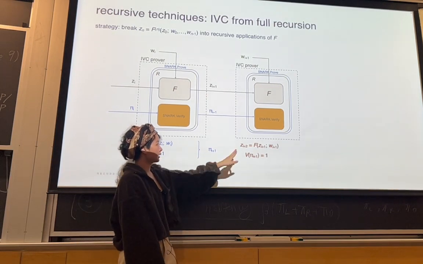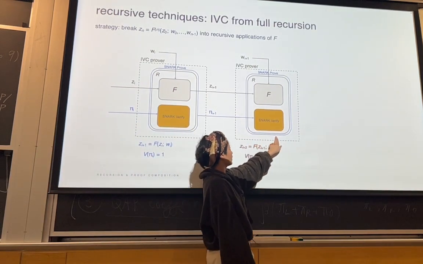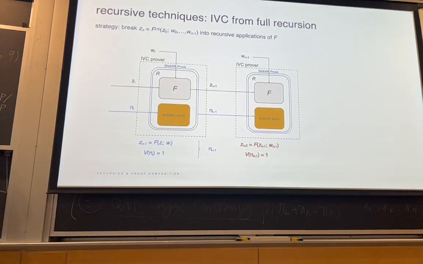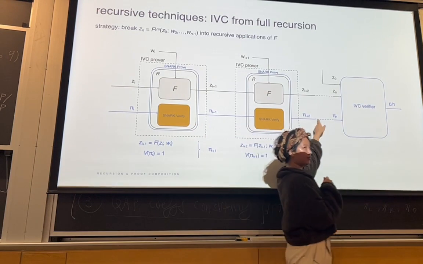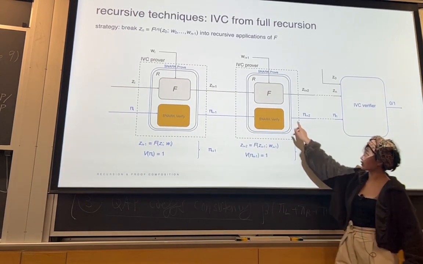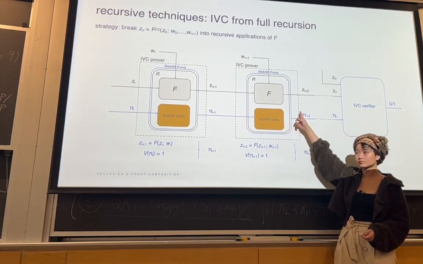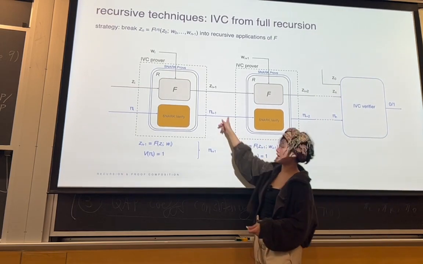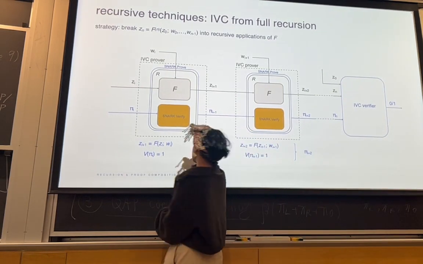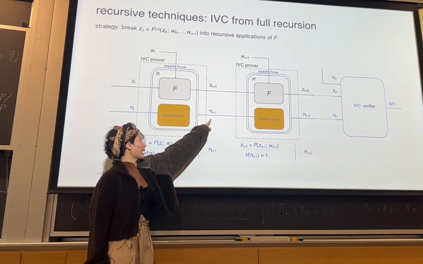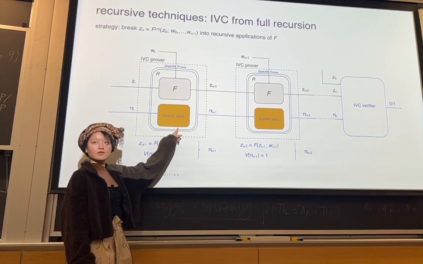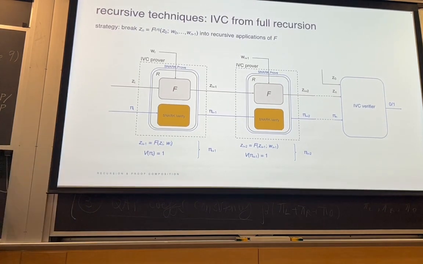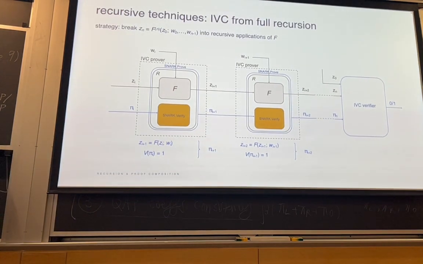So now the proof of this circuit would convince you of the correctness both of f as well as of this pi, right? And this pi was proving the correctness of the previous f and the previous pi, and so on.